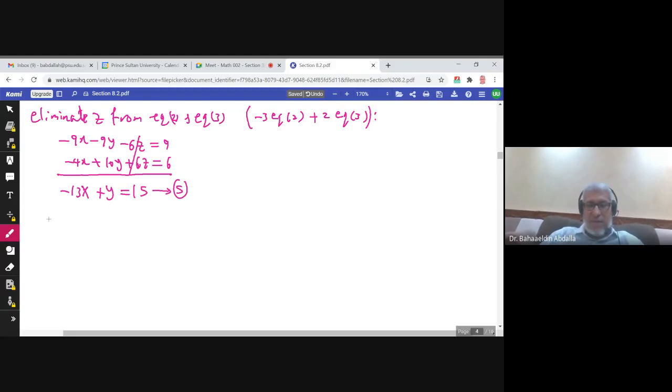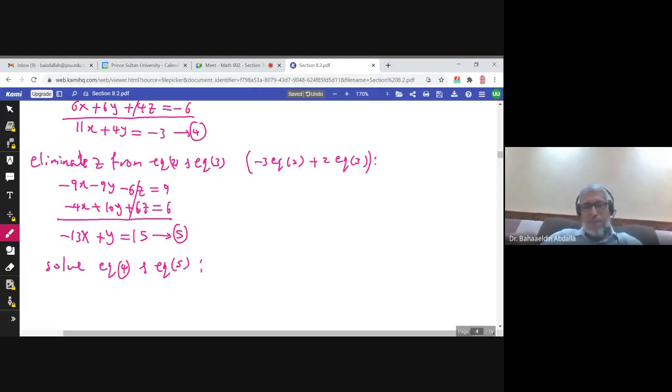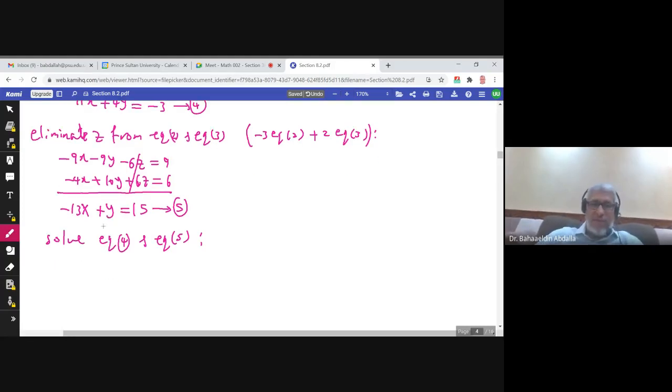Now the third step, solve equations 4 and 5 together. Let me look at equations 4 and 5. I have 11, -13, coefficients of x. I have 4, 1. So I will take equation 4 as it is and multiply equation 5 by -4.